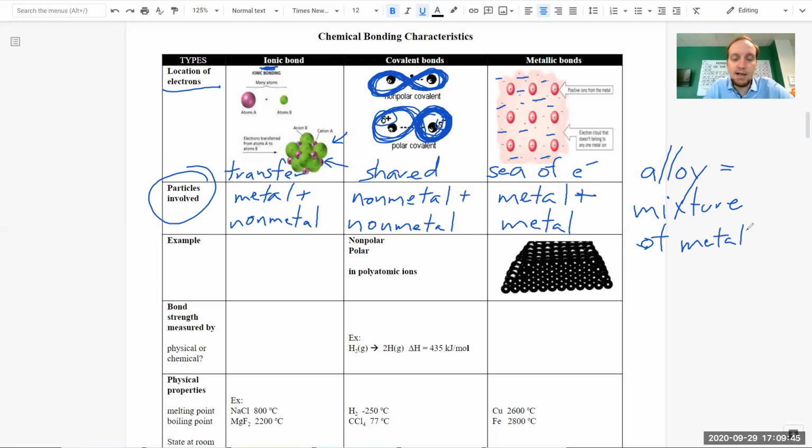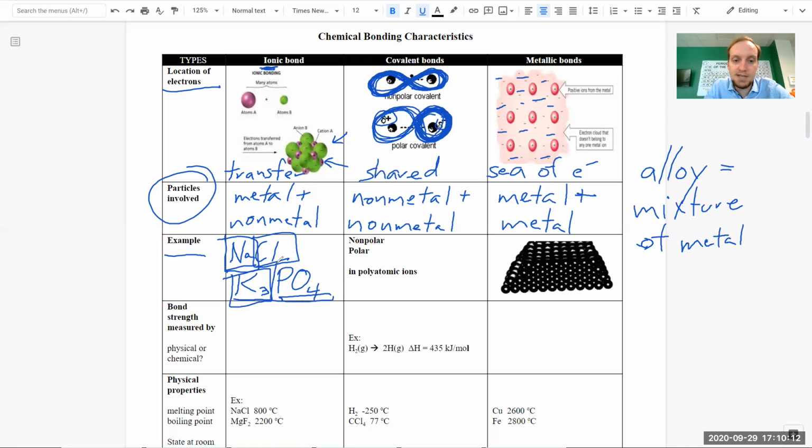Some examples of ionic would be, of course, good old table salt, sodium chloride. We have things like potassium phosphate. There's tons of them, right? So notice again, we have a metal and a non-metal. The metals go first.